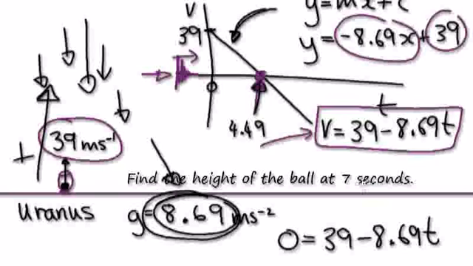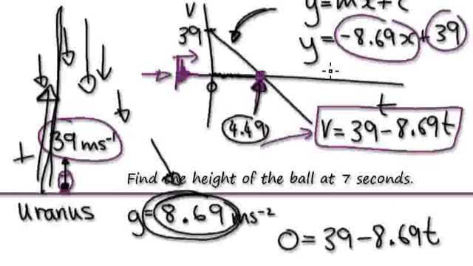By the way, if it takes 4.49 seconds to get to here, then the time it takes to go up and down again will be 2 times this, because the area underneath the line graph represents the distance traveled.